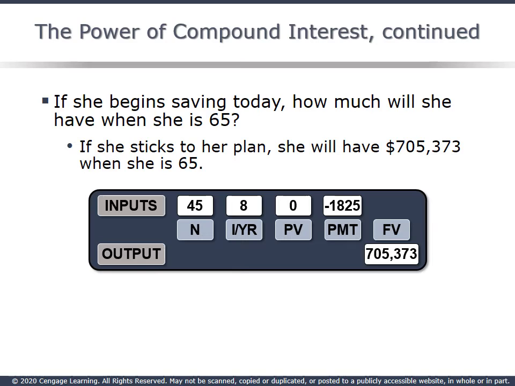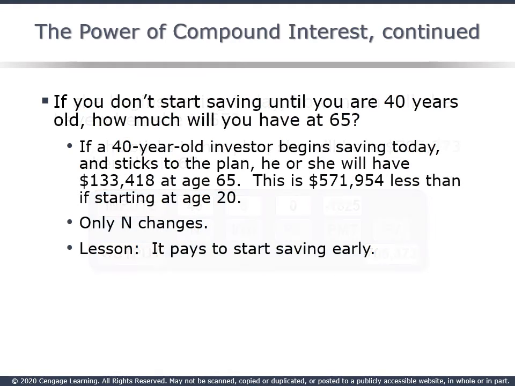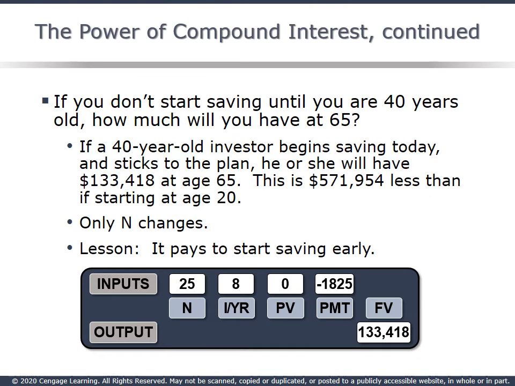So after she's made 45 deposits into this account, paying 8%, 45 deposits of $1,825, the future value is $705,373.